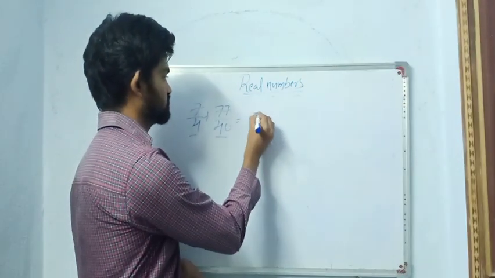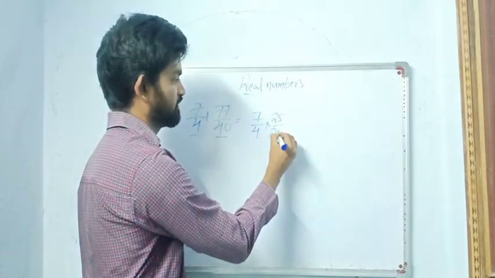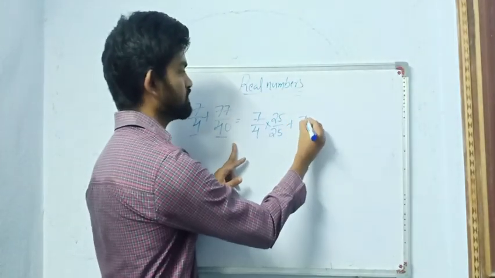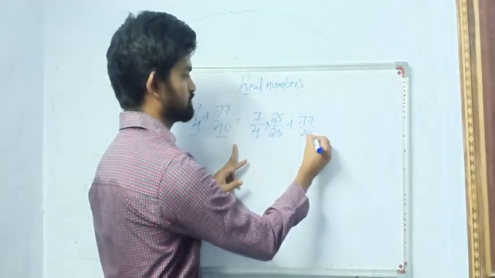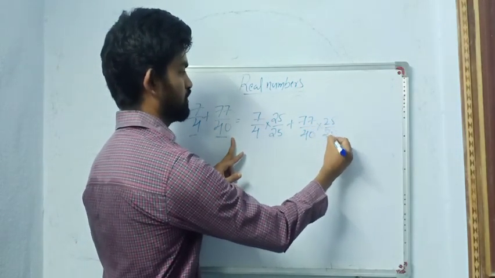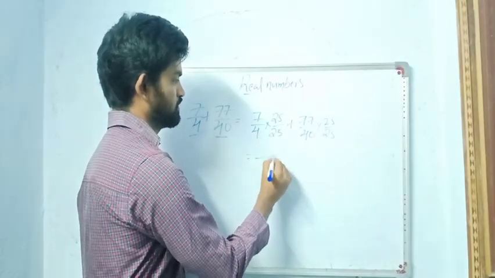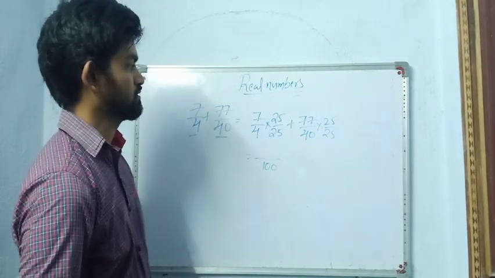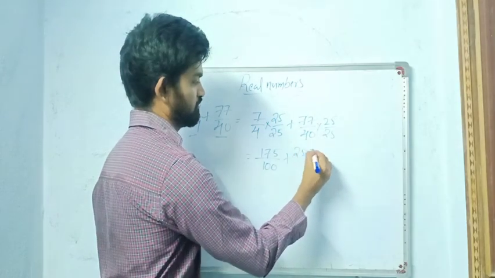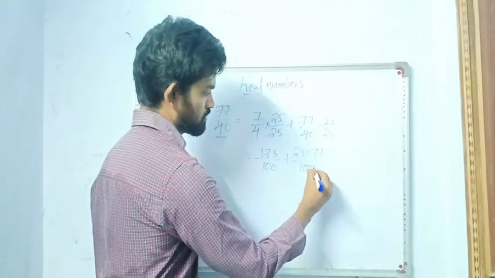So this is equal to 7 by 4 into 25 by 25, when you multiply you have to divide also, plus here, if you do the same operation, 25 by 25. 25 fours are 100. 25 into 7 is 175, plus 25 into 77 divided by 1000.